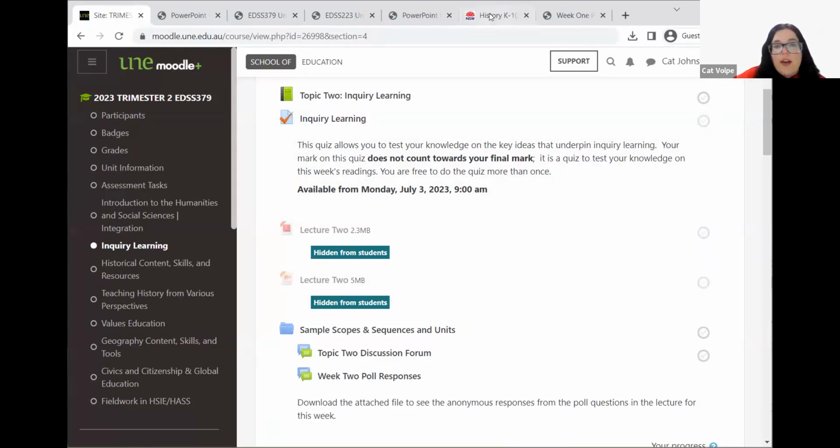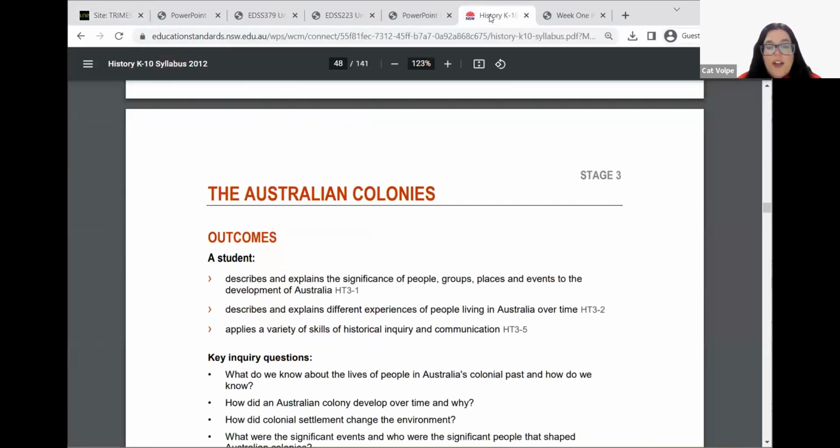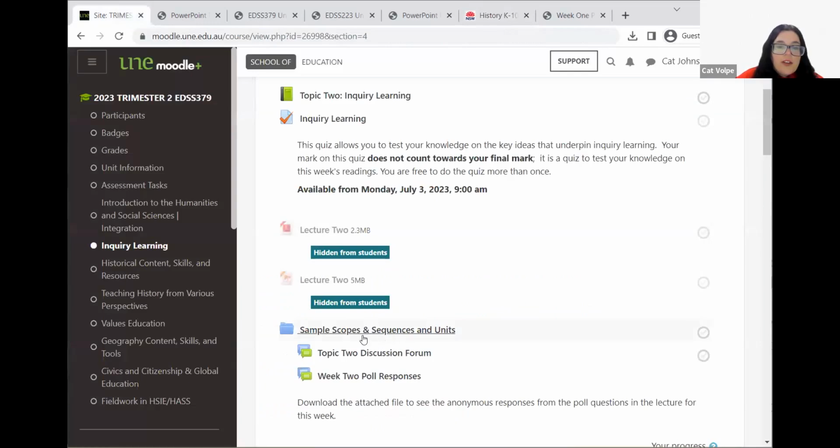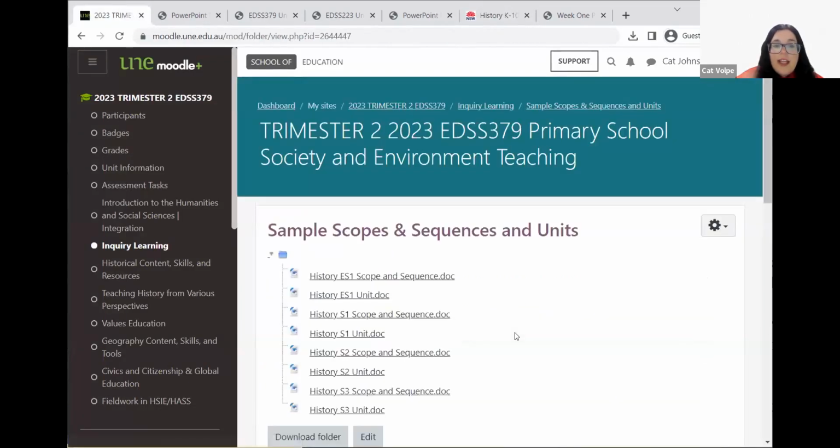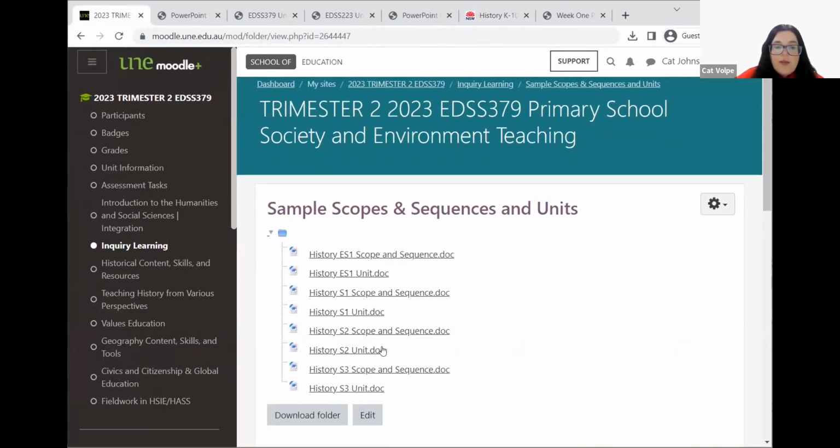If we think about this unit of work here, the Australian colonies for stage 3, we can actually download from here. We click on this. Again, this is in both units. The stage 3 scope and sequence and the unit. You can actually see what that looks like and how it's translated. I'll just show you here quickly.